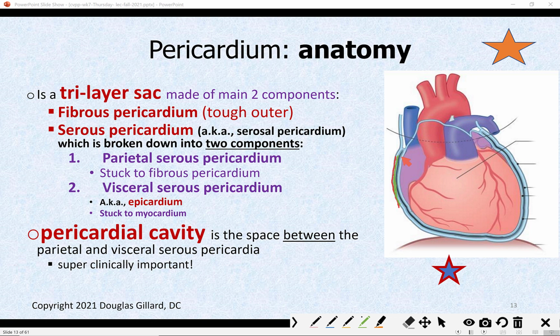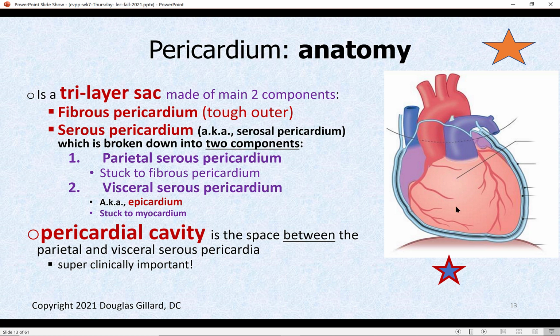You can't pull them apart. And then we have the visceral layer of the serous pericardium. And that one is stuck to the heart. You can't pull it off the heart. So that leaves a space in between. So you have a space here in between, and that's the super important pericardial cavity.